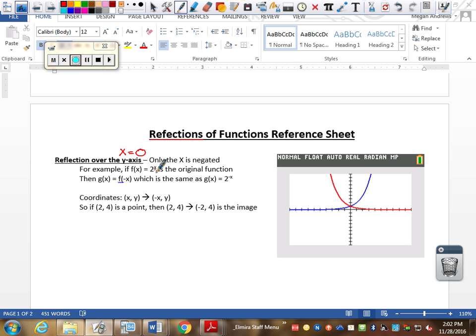For example, if f of x is 2 to the x is the original function, then g of x means f of negative x, which is the same as g of x equaling 2 to the negative x power. Coordinates will have the x values change, but the y's stay the same. And then it gives you an example of a point. So 2, 4 is a point on this graph, and its image point is negative 2, 4.